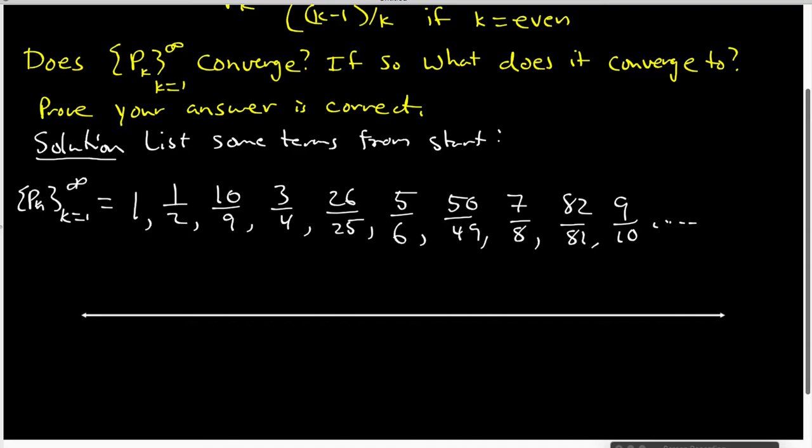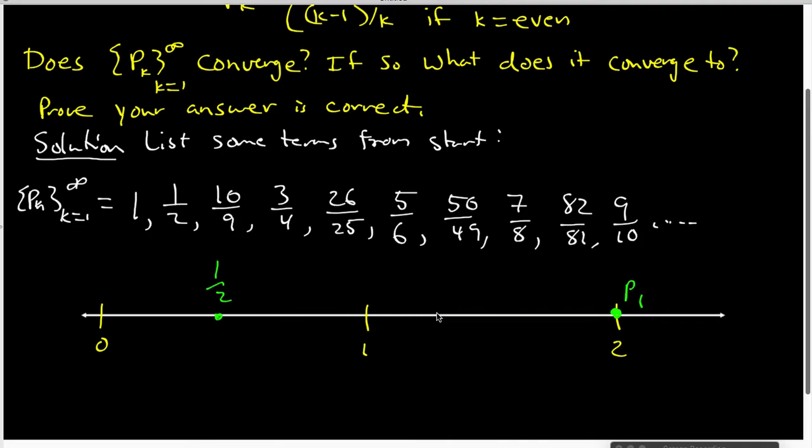So when I come back and I start graphing them, here's 0, here's 1, here's 2. I'm going to basically just plot these points in, let's try this color. P1 is 2. P2 is down here at 1/2.